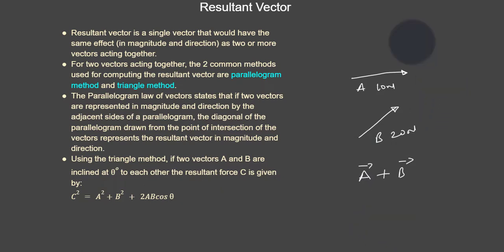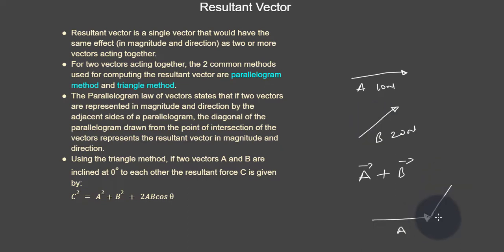So you represent geometrically by taking the A. The A will be here, right? Then once you end with the A, you continue with the B. That is, you first draw vector A, then you start from the head of this vector A to draw vector B. And that means you go this direction.